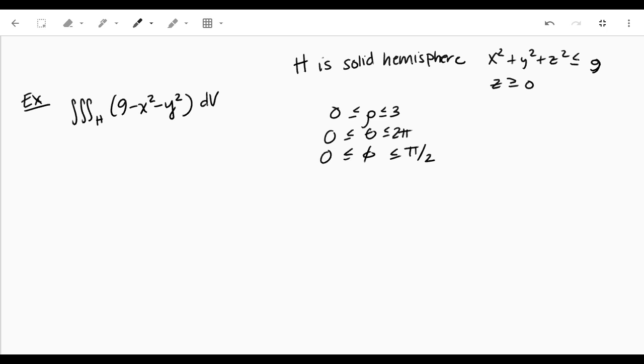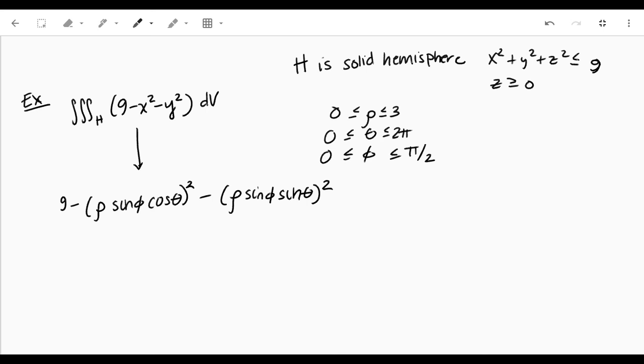Now we also need to change our function. It's rectangular right now, so we need to switch that over. This would be 9 minus, so x, remember, would be rho sine phi cosine theta squared minus rho sine phi sine theta squared.